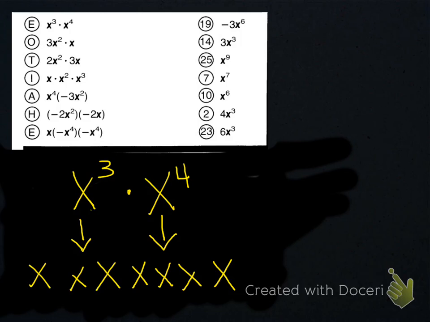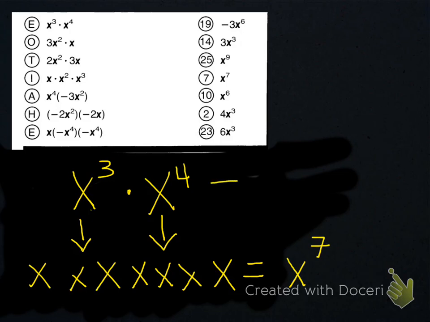Now, multiplication is implied when letters touch letters or numbers touch letters, so that's why I skipped the dots in the parentheses. Multiplying all those together, you tell me how many x's are being multiplied together. If you count properly, or if you add, you're going to see that we have 7 of them. So in exponential form, that would be x to the 7th.